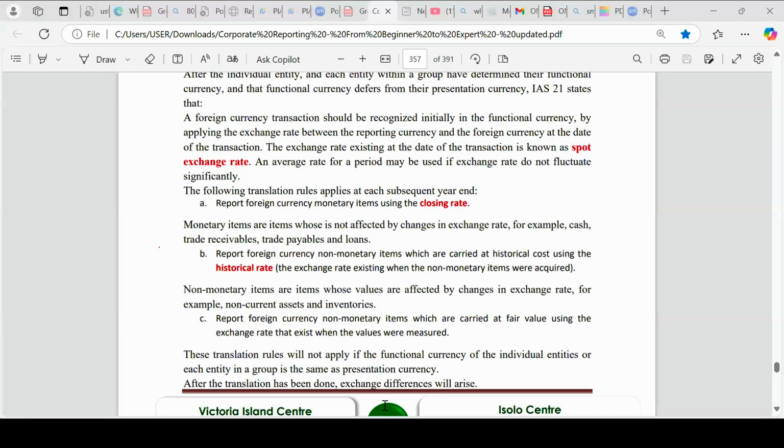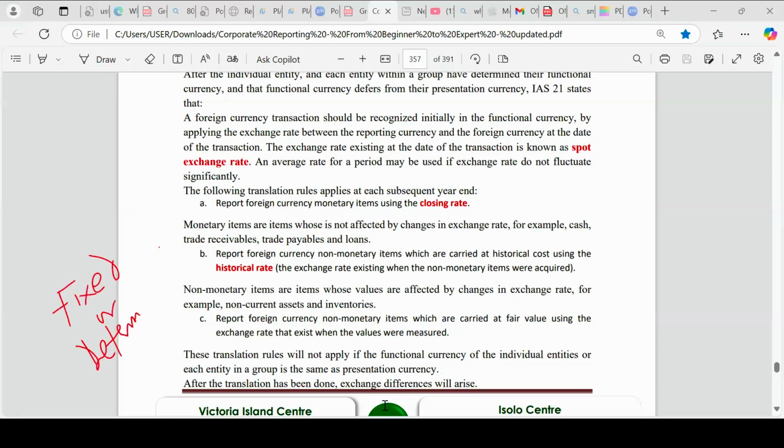And they give an example: cash, trade payables, and loan items.